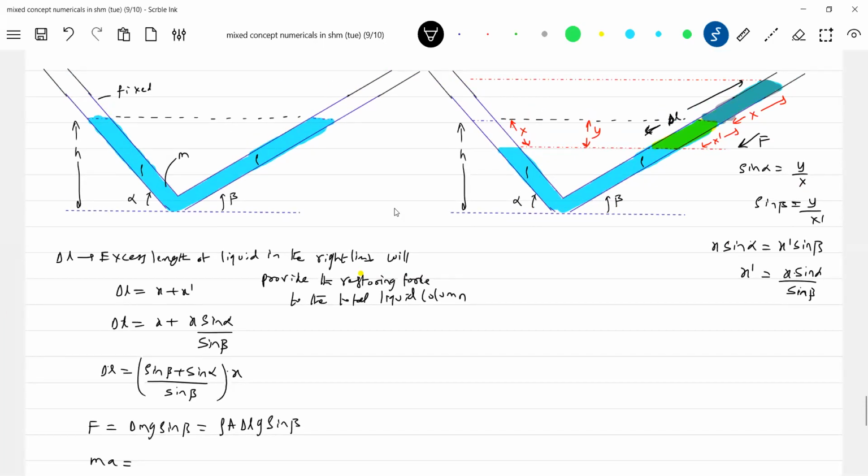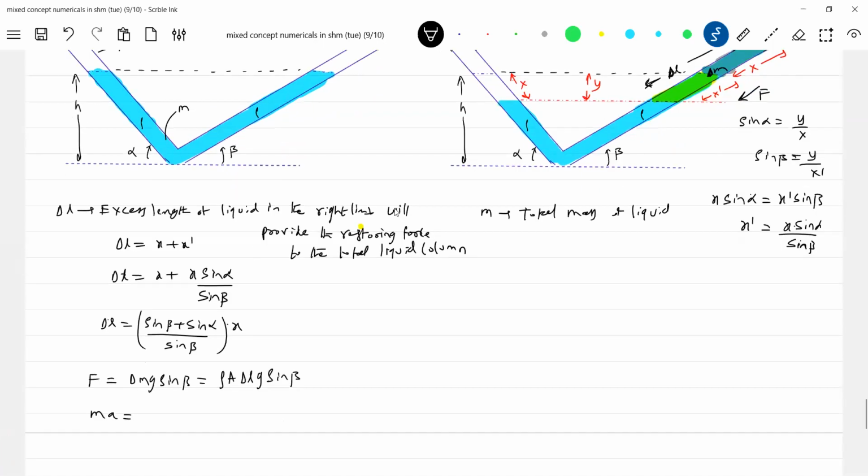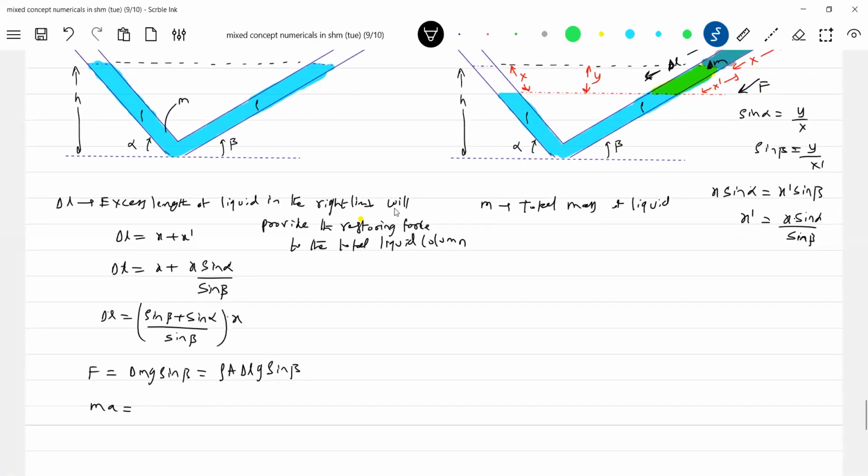So let's write some terms which are very easy. Delta M is the mass of this part. I'm writing for both, not for green or blue. That force will act on the total liquid column, so therefore we should write MA.